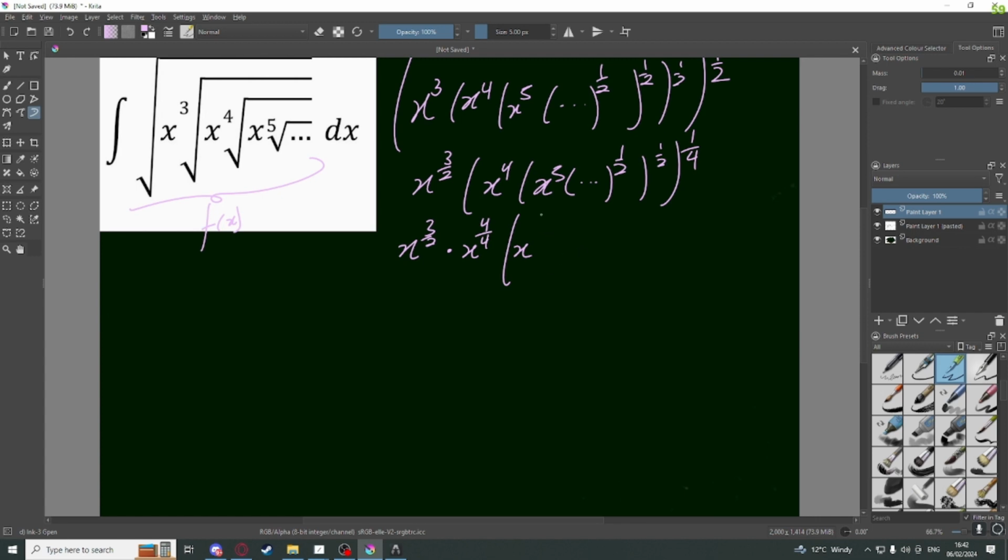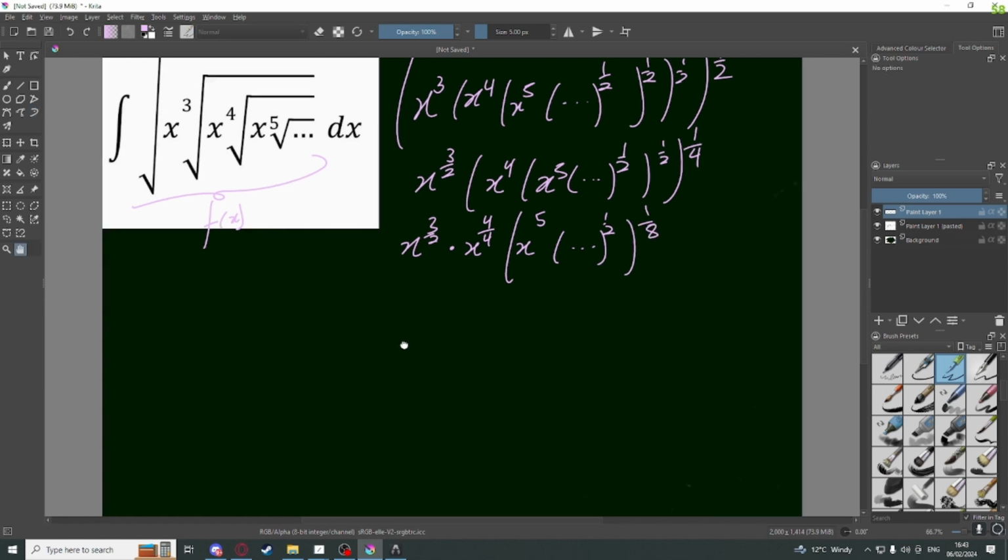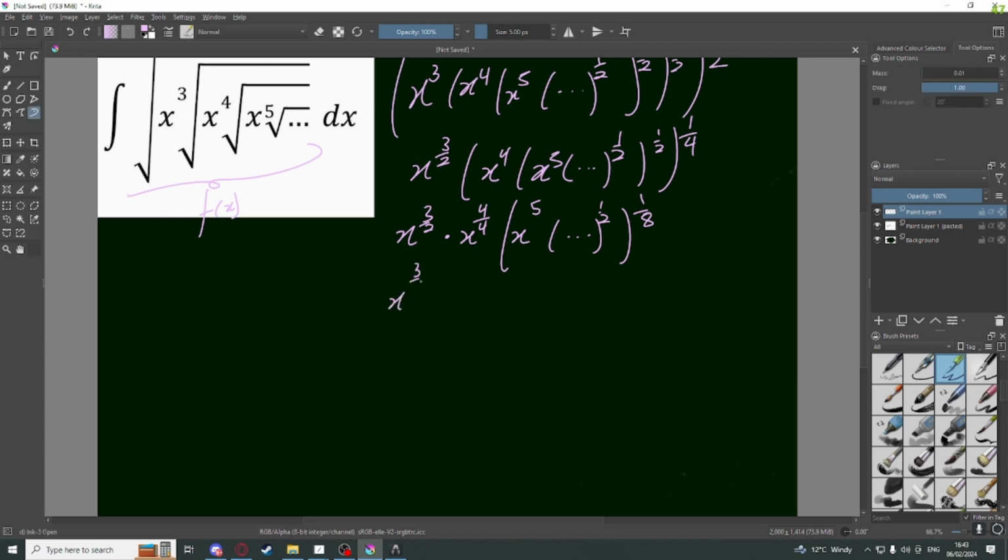Sorry, that's a 5. To the power of 1 over 8, and then simplifying it again, you get x to the power of 3 over 2 multiplied by x to the power of 4 over 4. And I'm going to leave it unsimplified just so you guys can see the pattern. 5 over 8 times x to the power of 6 over 16. Sorry, not 9. 16 times x to the power of 7 over 32.